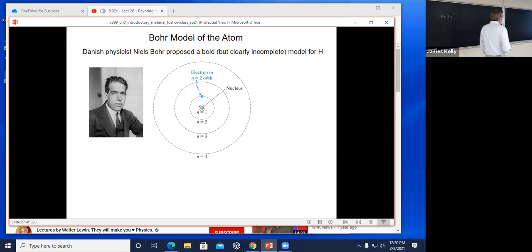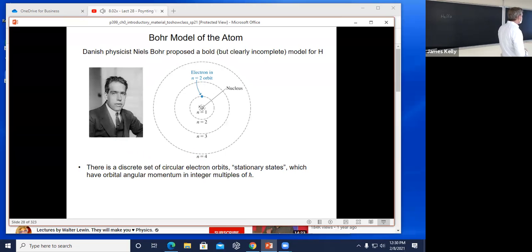Bohr said, well, at least for the hydrogen atom, matching up with the data we have for the spectral lines, I'm going to make a model of what an atom looks like. It's not clear when you see those spectral lines how we should even think of an atom. It's clearly not like a classical solar system. That picture is not working. So Bohr is just rebuilding it.